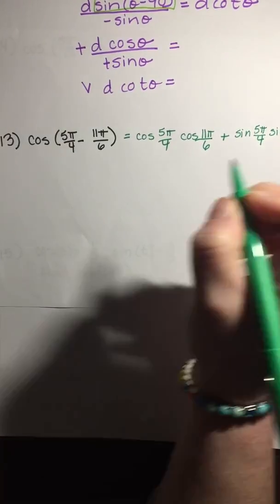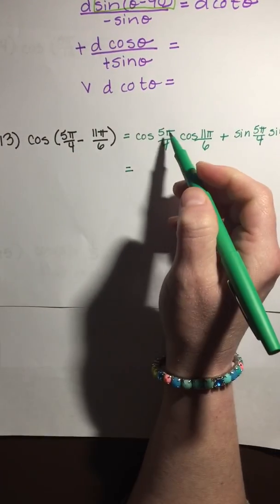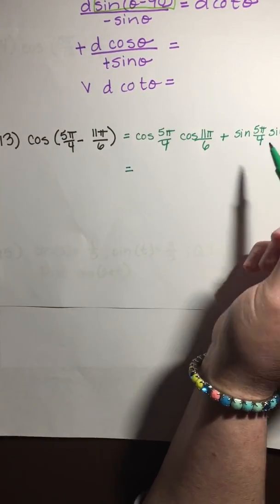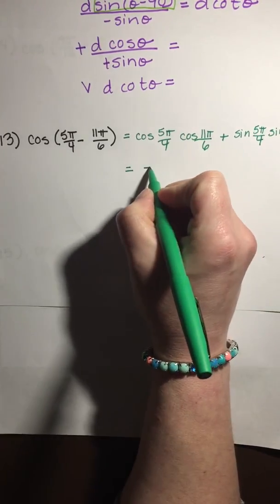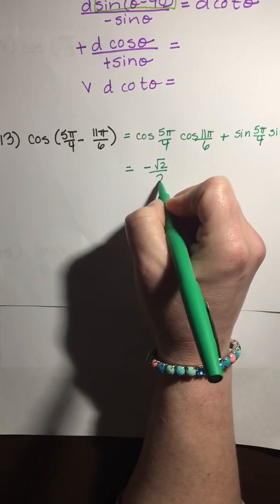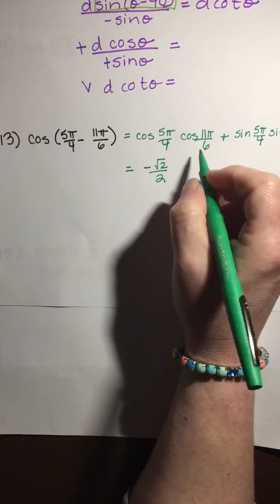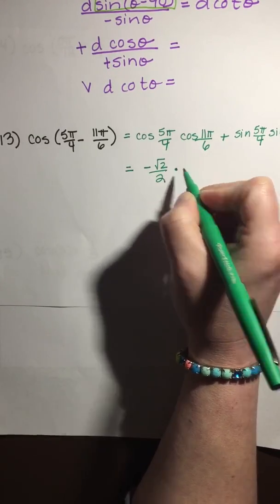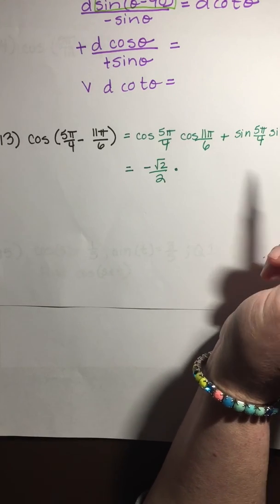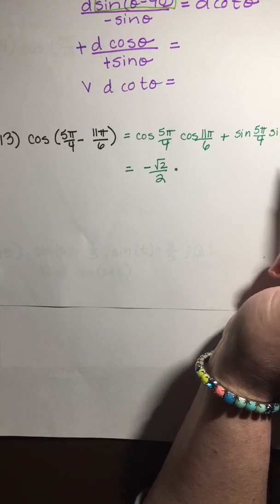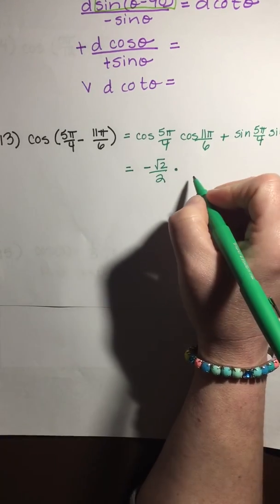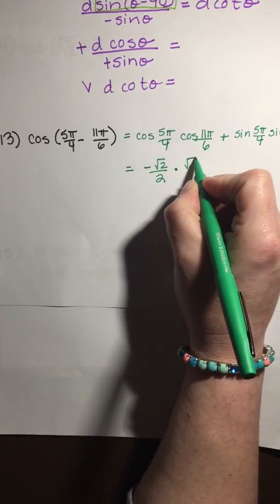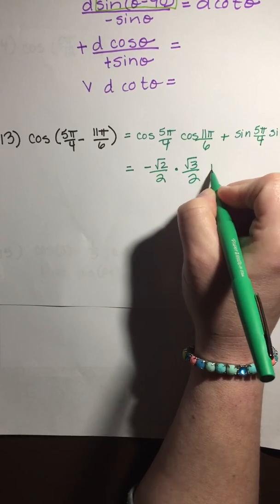All right, and now we want to plug in the values. 5 pi over 4 would be over in quadrant 3. That is negative the square root of 2 over 2. All right, and then we got that times the cosine of 11 pi over 6. 11 pi over 6 is all the way in quadrant 4, and that would be the square root of 3 over 2.